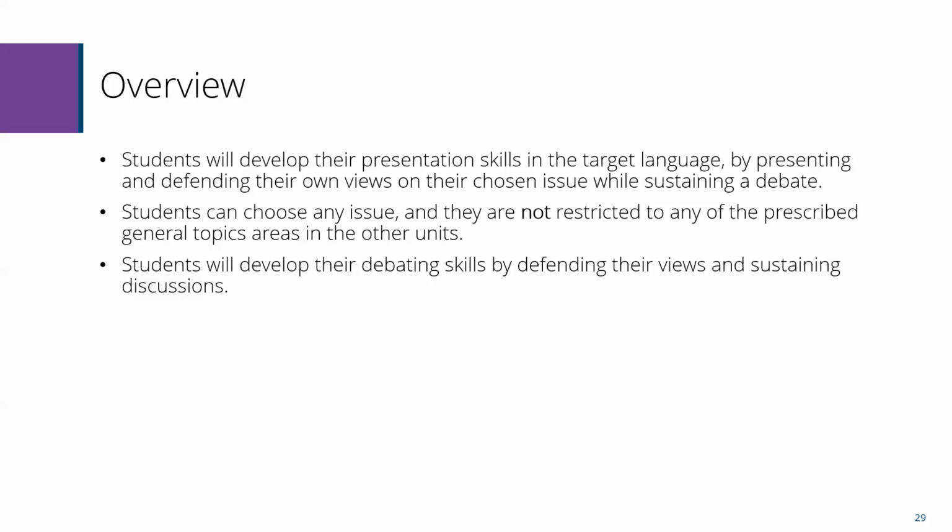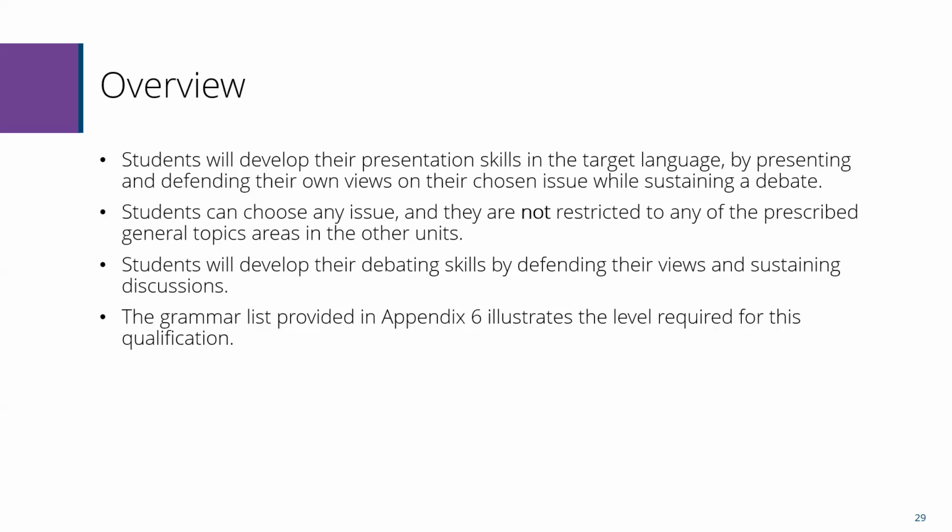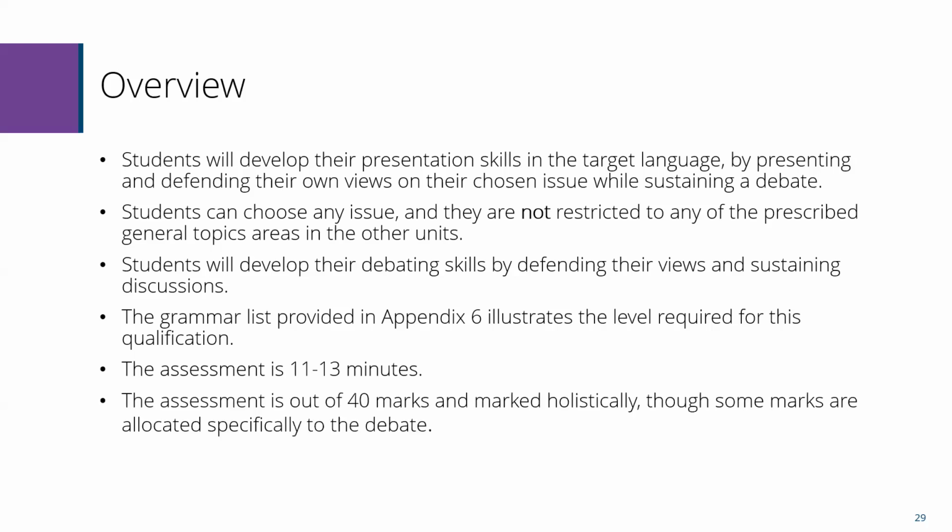Students need to develop their debating skills by defending their views and sustaining their discussions. The grammar list provided in Appendix 6 illustrates the level required for this qualification. The assessment is 11 to 13 minutes long, and it's out of 40 marks, and it's marked holistically, though some marks are allocated specifically to the debate.